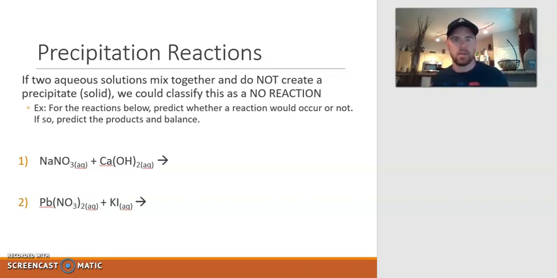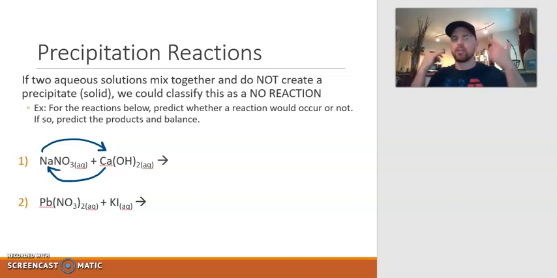Nothing's making anything. So when you're looking at predicting products like you are down here, you want to think, okay, is one of my products going to be a solid? Because if not, we would just write no reaction. So let's take a look at this first one. So the sodium is going to potentially switch spots with the calcium, right?